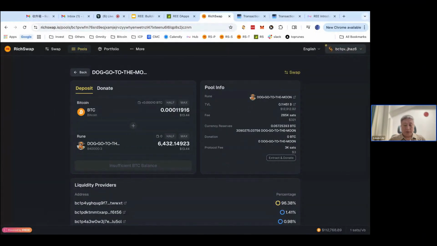But I don't need to wait for that. I can continue trading, or I can leave my computer. So the trading experience is similar to, let's say, Ethereum or even Solana, because people do not need to wait for transaction confirmation from the Bitcoin blockchain, which would be very slow.